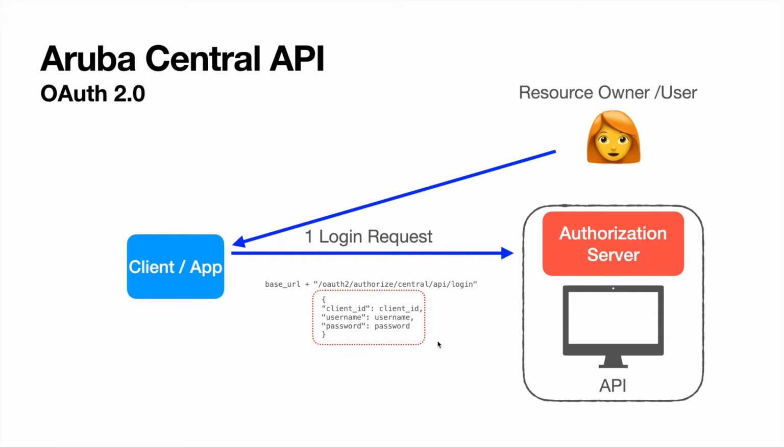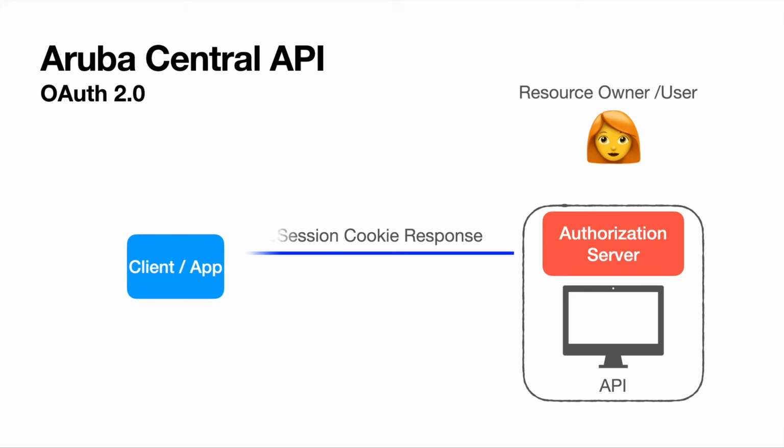The information that we send in that API call is the client ID, so the ID for our new application, the username, and the password. That's our authentication on behalf of this new application. We're essentially registering it with the authorization server there. And if that's successful, the server will respond with a session cookie response, okay? What you've got in there is a couple of tokens that we require for subsequent calls.